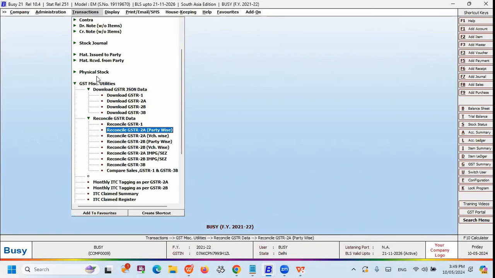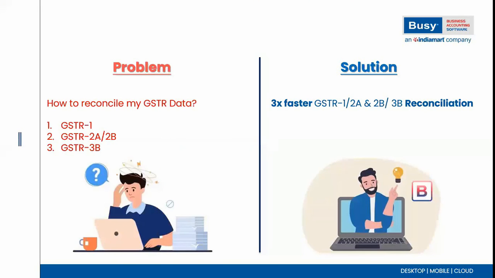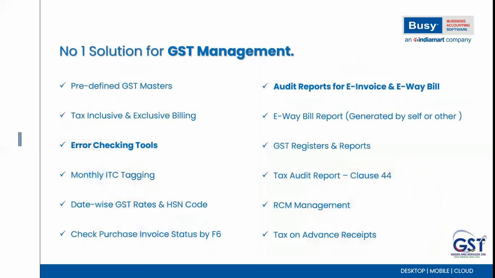It avoids mismatches, and it helps you not to lose your ITC. So this is all about reconciliation, and not only these features. Apart from these, in Busy we have many other features also, because Busy is providing the number one solution for GST management for companies.